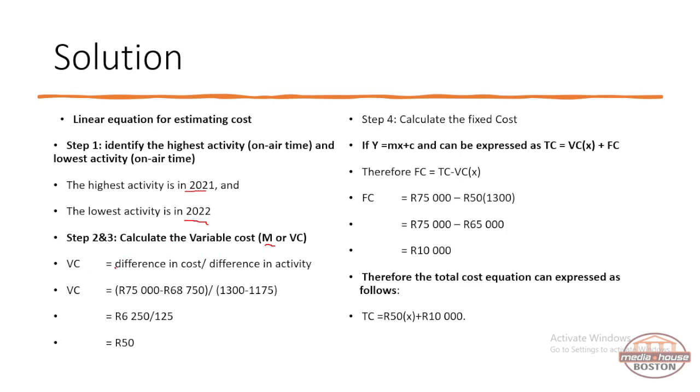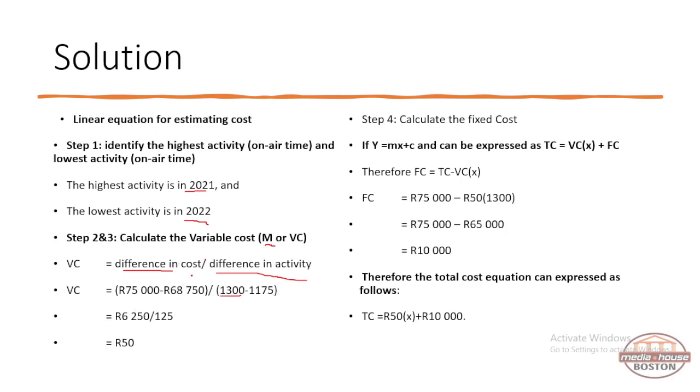To calculate that, we're going to calculate the difference in the cost, which we assume is the increase, which is the variable cost, and we're going to divide this by the difference in the activity level, which we are saying is the reason behind the increase of the cost.